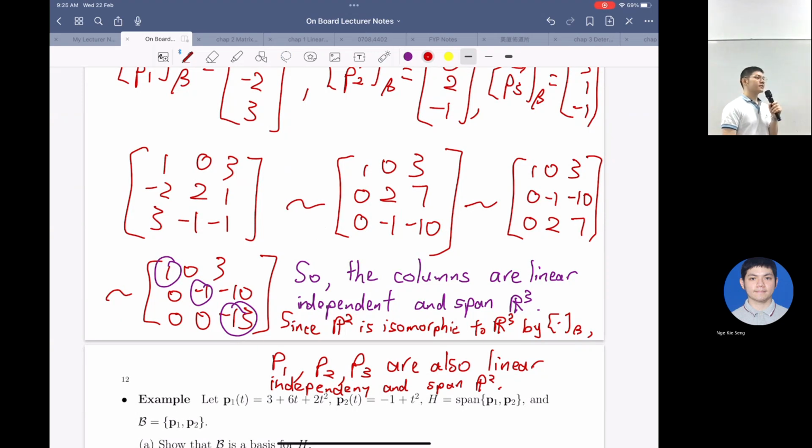Whatever you do in P2 is the same as what you do in Rn using the coordinate vector. This is why the coordinate vector being one-to-one and onto is important. Whatever you do on any vector space with n basis vectors is the same as what you do on Rn. So you can change the question into Rn and do row reduction.